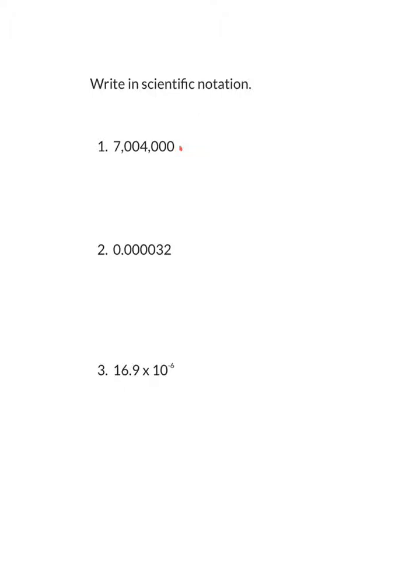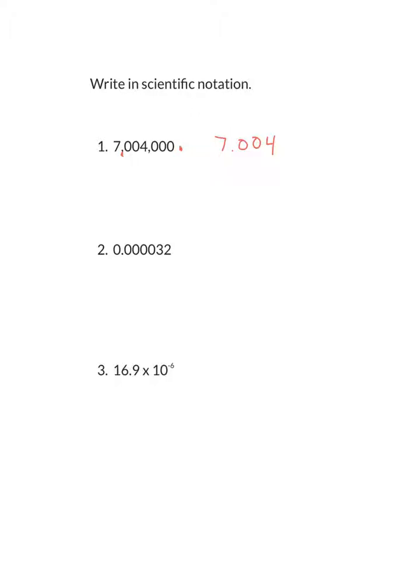If I move the decimal in between the 7 and the first 0, I would get a number between 1 and 10. So that'd be 7.004. Now I don't write the last three zeros because they don't really matter with the number. We don't want to include those zeros at the end.